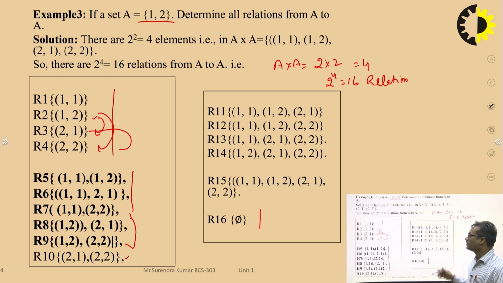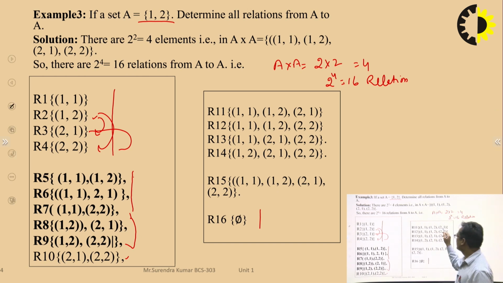Now we come to 3 ordered pairs. So (1, 1), (1, 2), and add one more ordered pair, (2, 1). In this way you can create these 4 distinct relations, and lastly it will contain all the 4 ordered pairs.